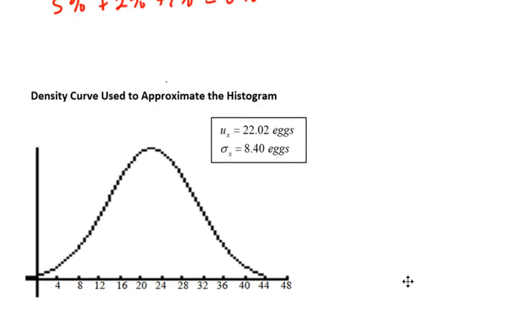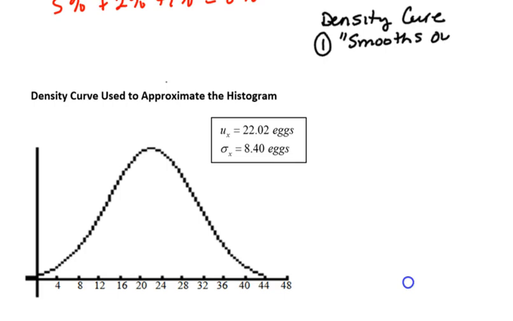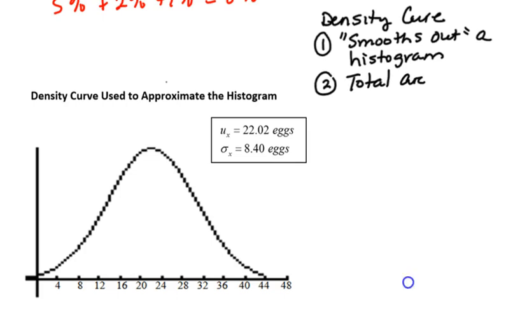So what are some characteristics of a density curve? Number one, we use it to smooth out a histogram. So it represents the histogram, but without the jagged edges. Number two, the total area under the curve equals 1, or 100%. Just like the histogram, the area under the curve is the same.